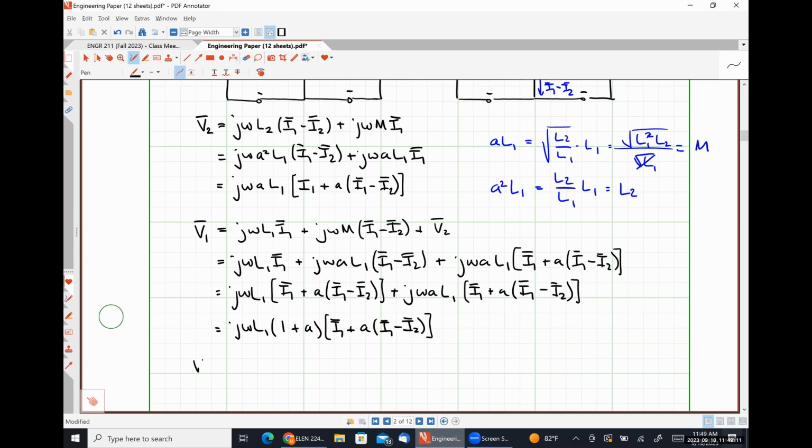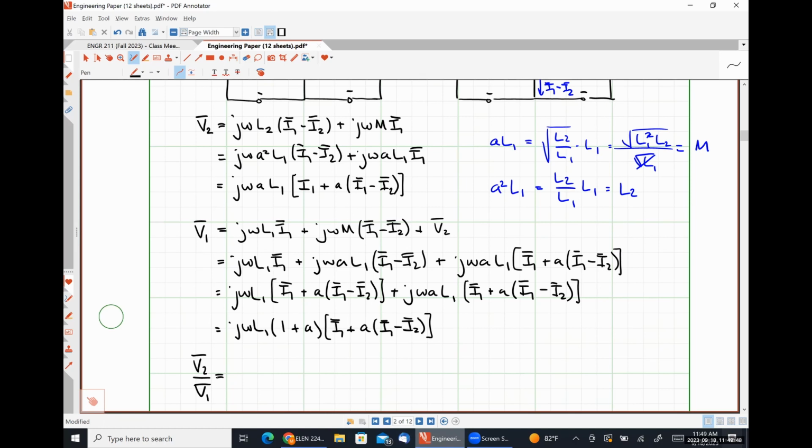So what should the ratio of our secondary voltage to our primary voltage give us? A? I disagree. Disagree with that as well. Opposite. A over 1 plus A, right?